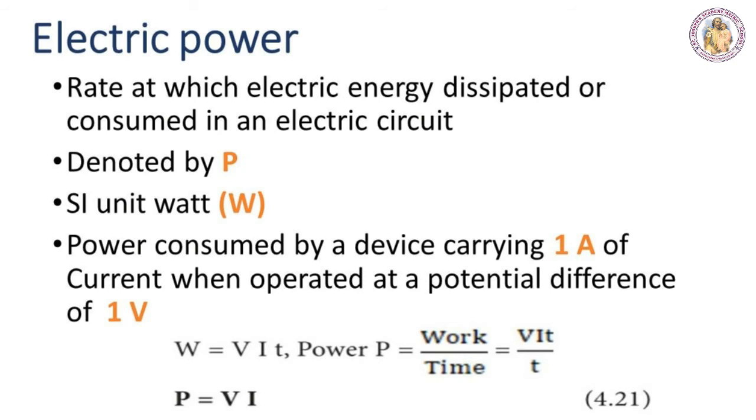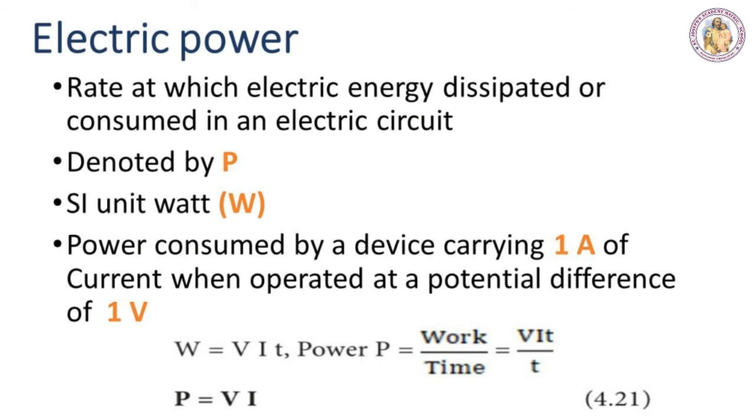So, it is the rate at which electric energy is dissipated or consumed in an electric circuit. Here, dissipated means it's scattering in various directions wastefully. Power is denoted by P. The SI unit of power is watt. It is denoted as W.